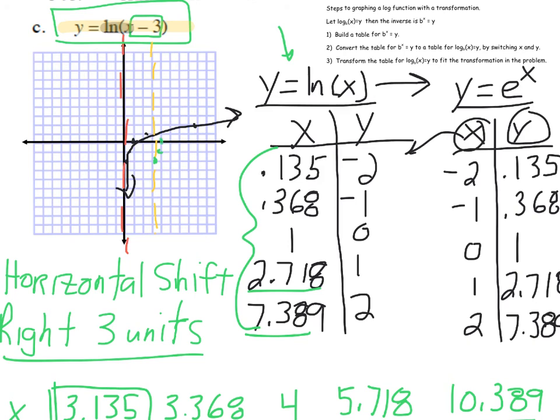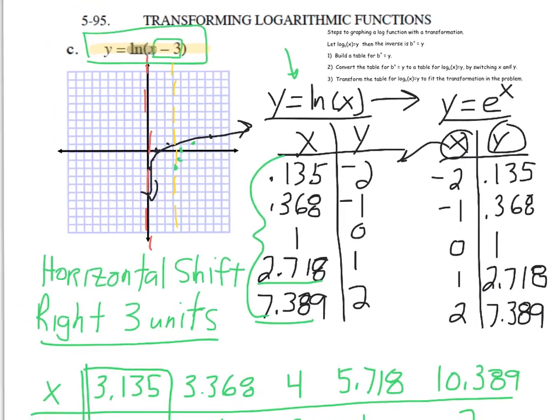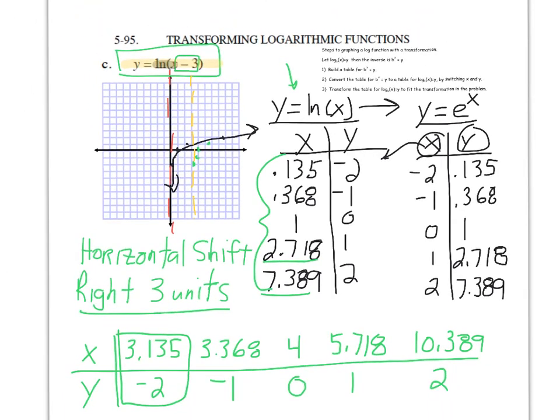And then 5.718, 1 is right up here. And 10.389, 2 is going to be right up here. And so here's what this graph looks like with a vertical asymptote at x equaling 3.